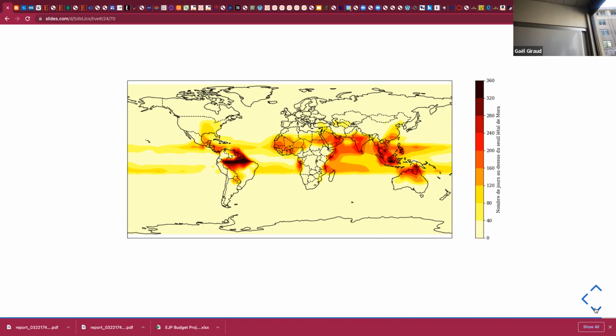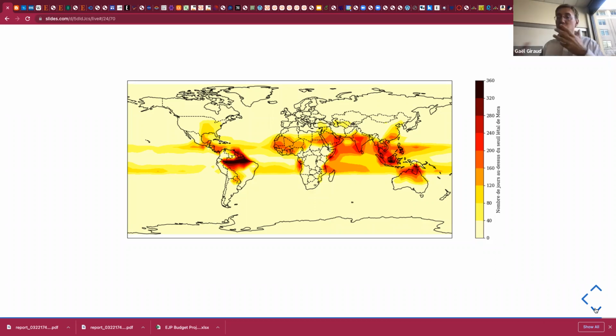So 1 day over 3 in the southeastern coast of the US, people will be exposed to lethal combinations of heat and humidity. And you cannot save yourself with air conditioning because air conditioning is increasing the problem, as you know. Same story for China. It's even worse in China. Look at the eastern coast of China over there. Not to mention Indonesia, which is partially dark red, and which is the most populous Islamic country in the world. So this is what we want to avoid, definitely.